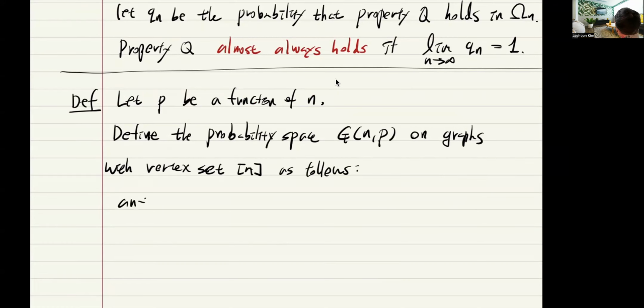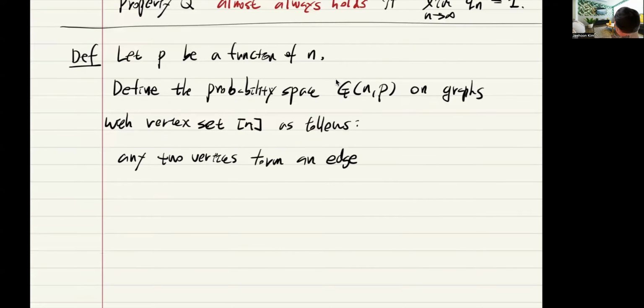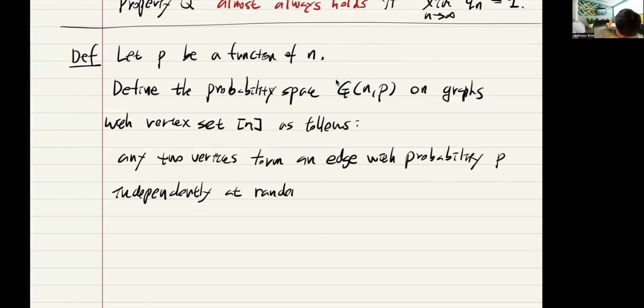We take any two vertices, and they form an edge with probability p independently at random.